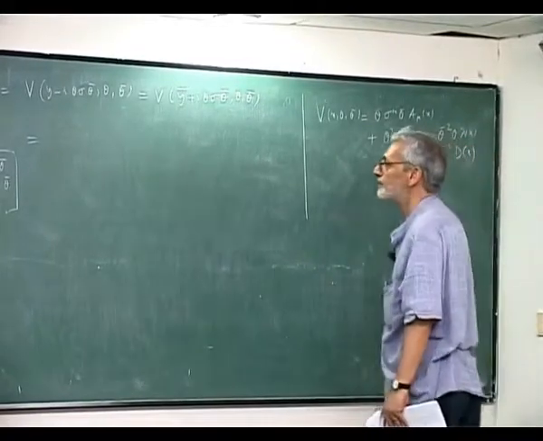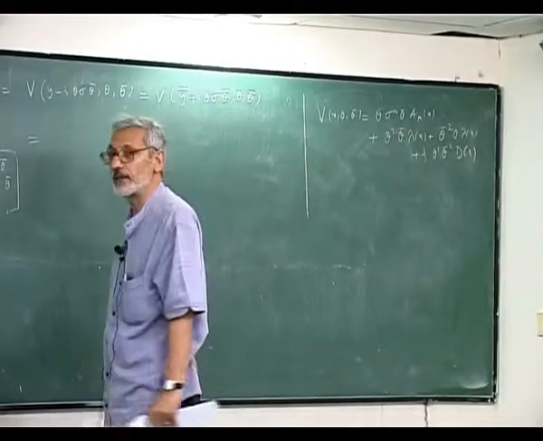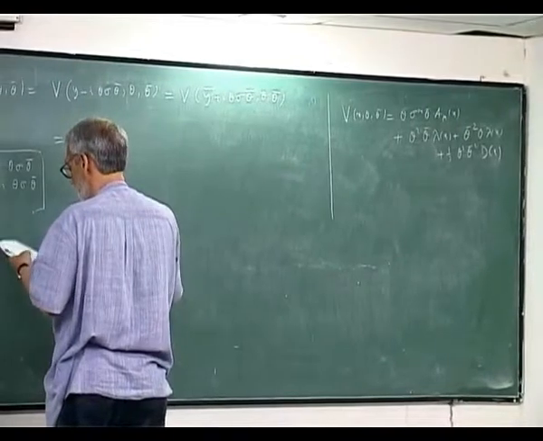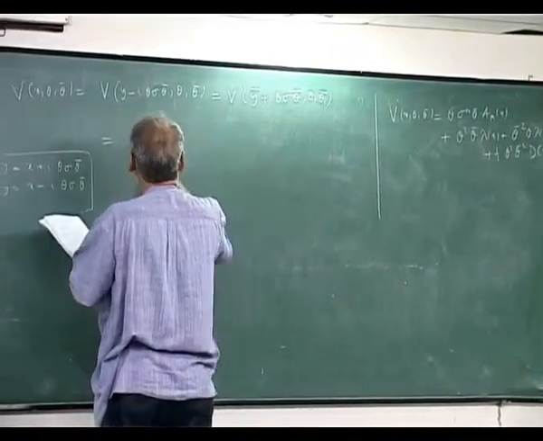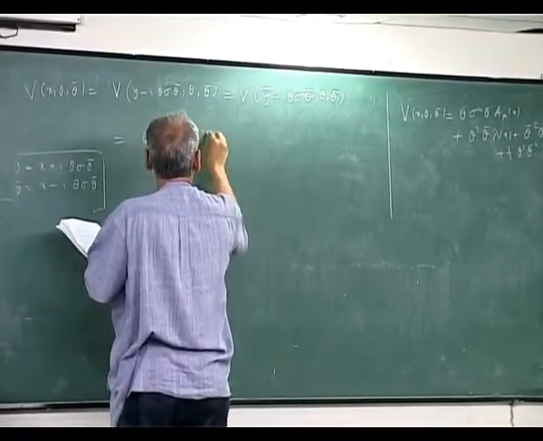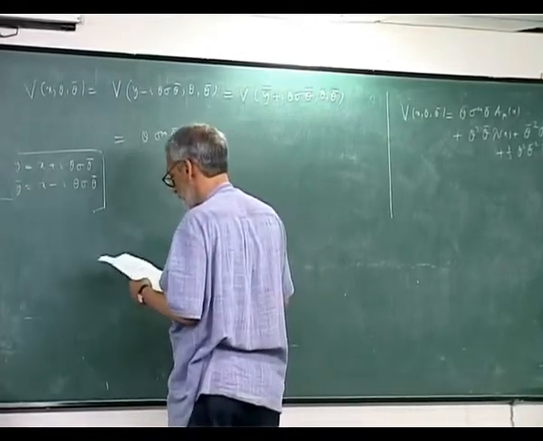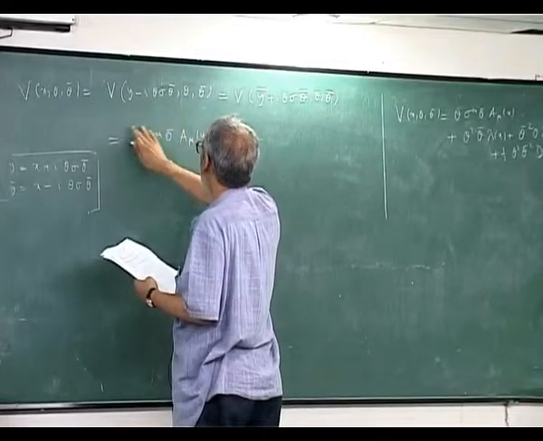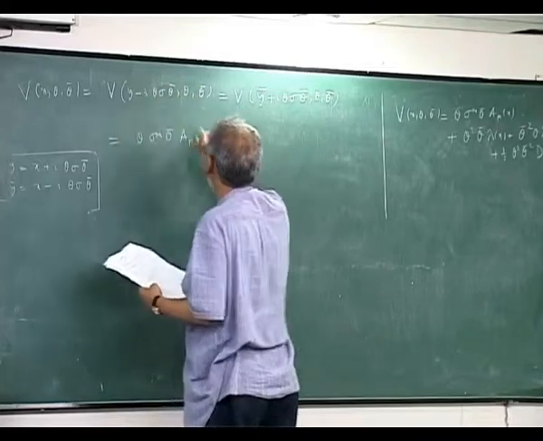Now use this in this object. So what do you get? You get the first term, theta sigma mu theta bar of A mu of y, plus, in fact, you get y, this component.